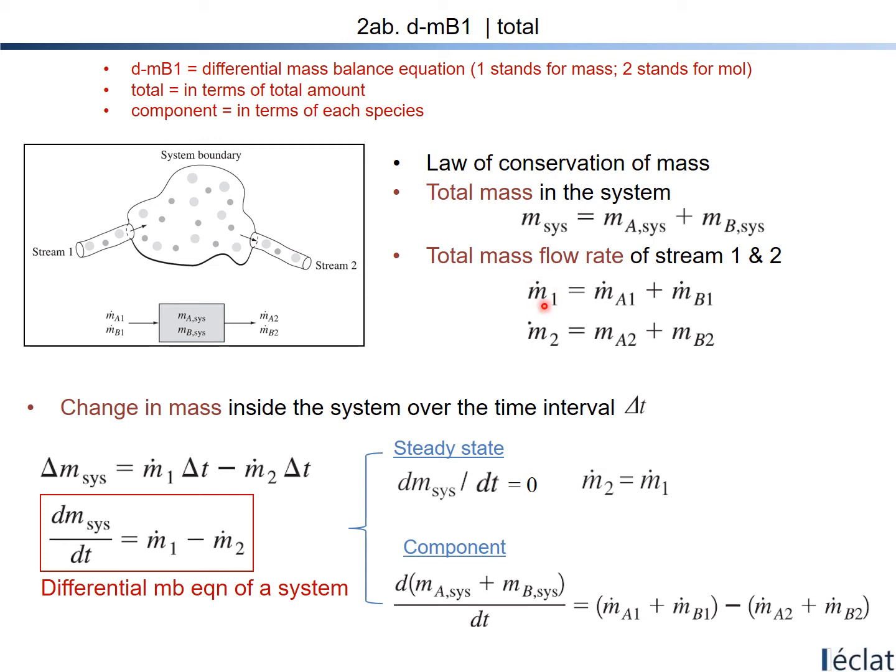It means mass flow rate. Let me say the unit. The m in m system is in kilograms. However, if you have a dot on the m, it means mass flow rate, kilogram per, for example, hour.